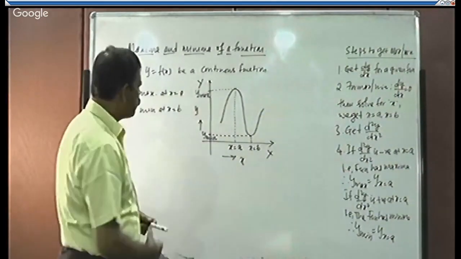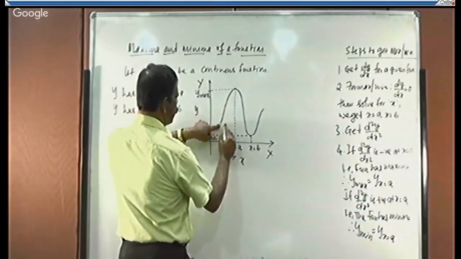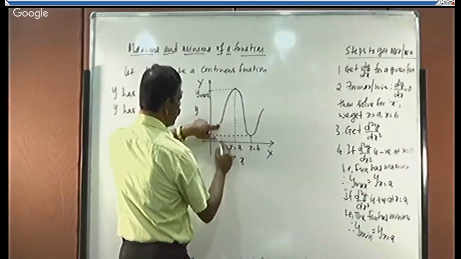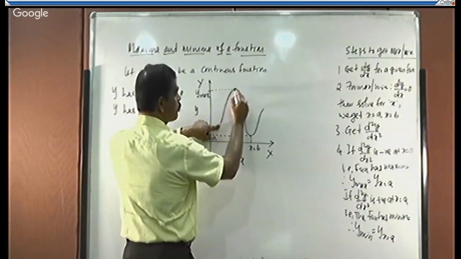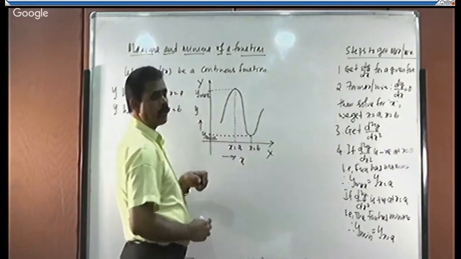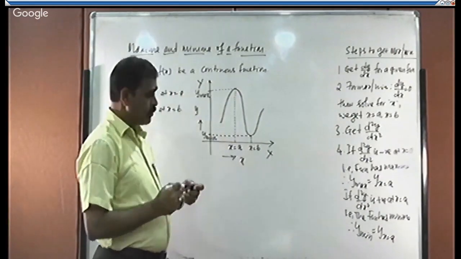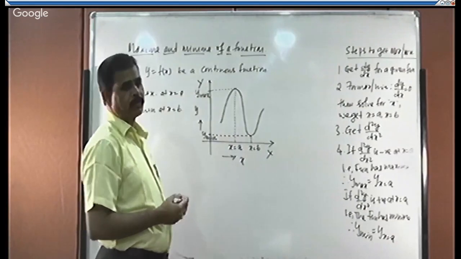You observe this graph, as we increase the value of x, see, x is increasing. As x increases, y also increases, right? So this portion we may call an increasing function. For an increasing function, definitely dy by dx is always positive.